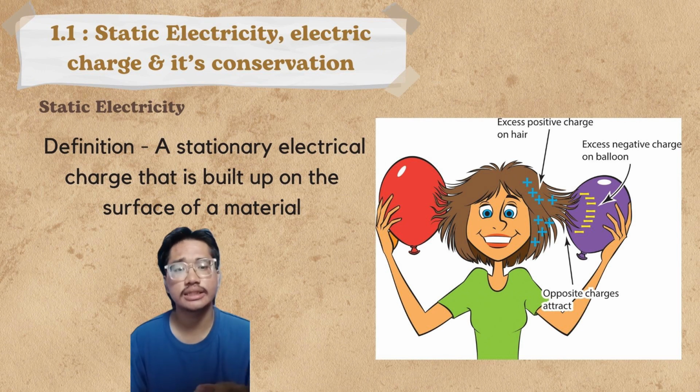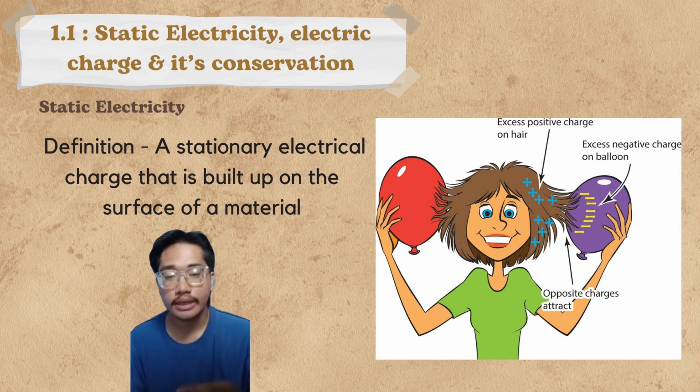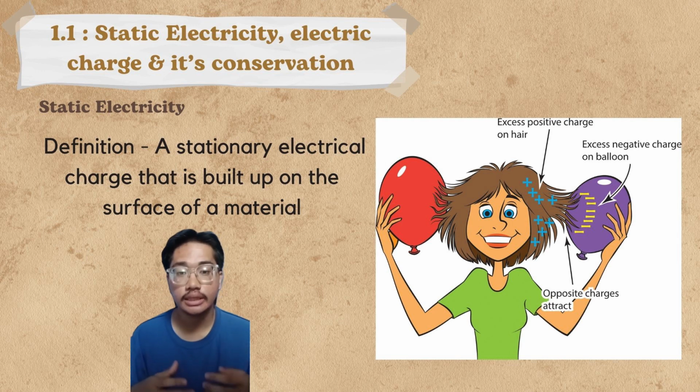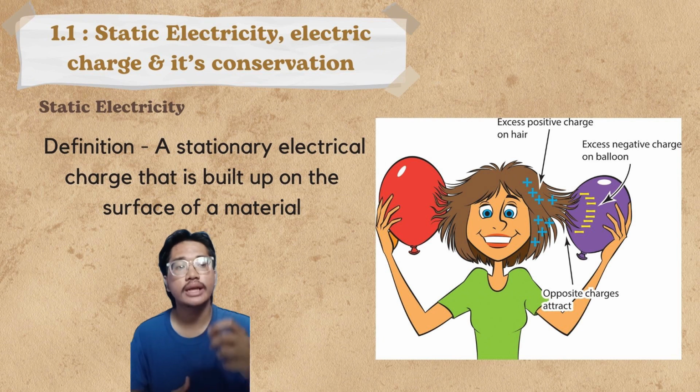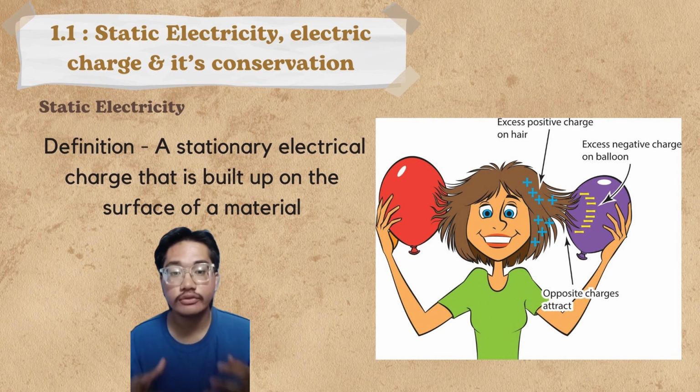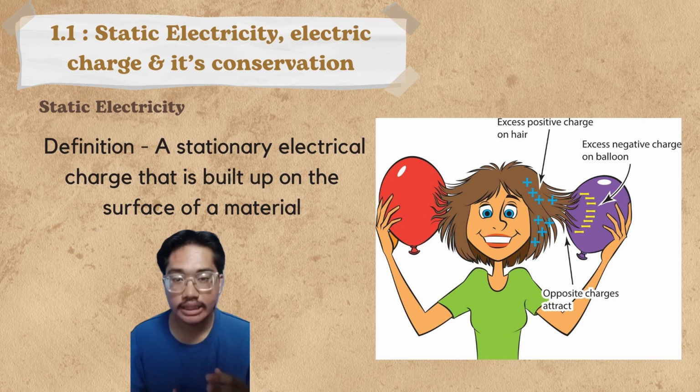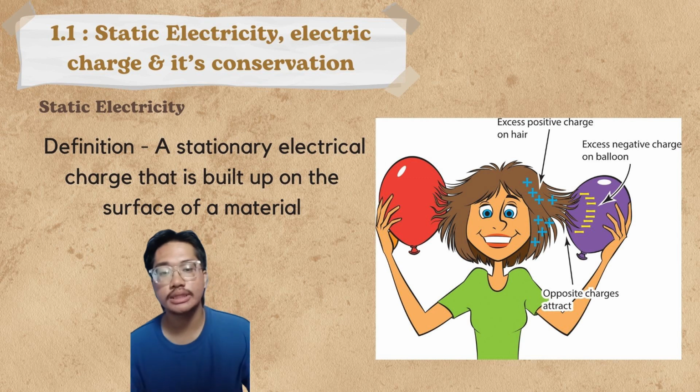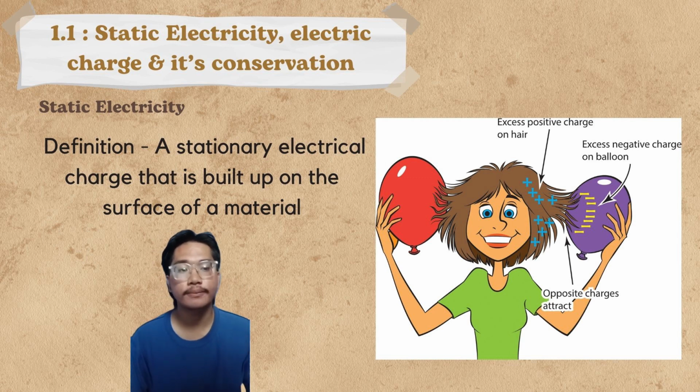Static electricity is the result of an imbalance between negative and positive charge in an object. This charge can build up on the surface of an object until it finds a way to be released or discharged. So we look at the diagram.